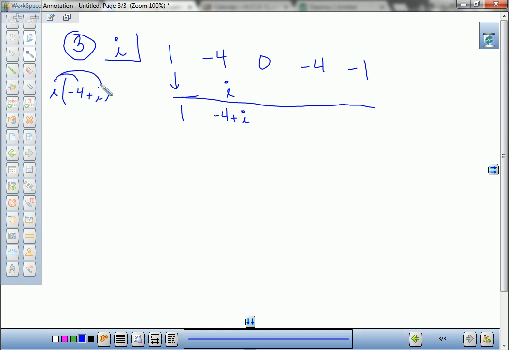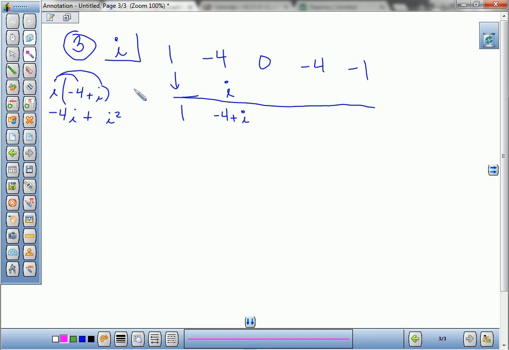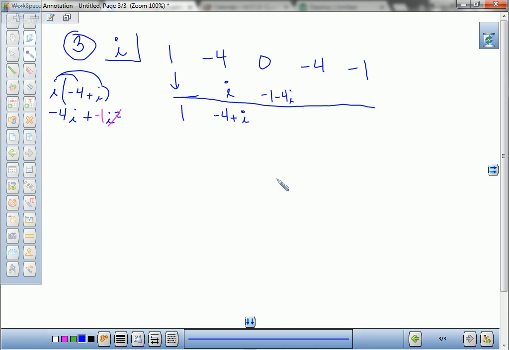And when I do, I get negative 4i plus i squared. Very good. That i squared is negative 1. So this becomes negative 1 minus 4i. Okay, so when I add 0 to that, it doesn't even change.